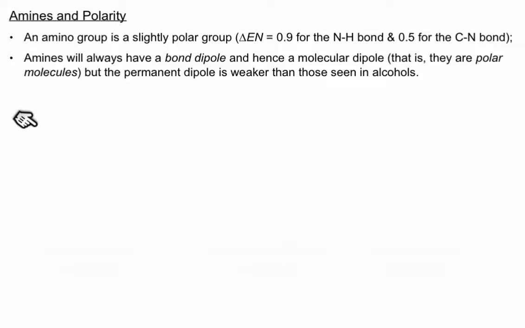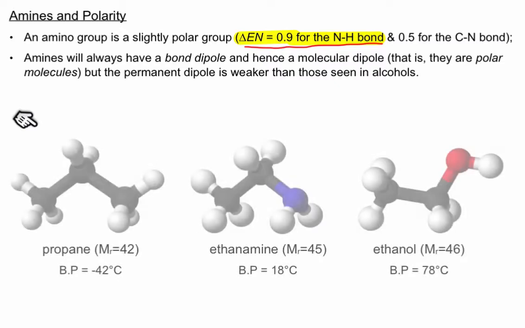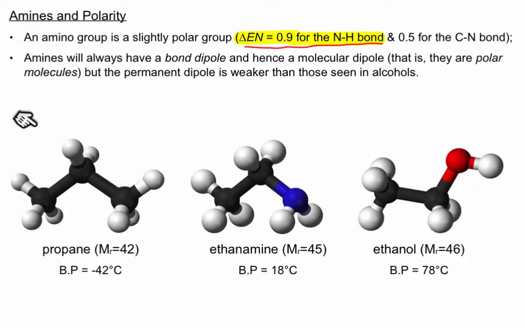Lastly, amines and polarity. So once again, we have to look at the functional group, and an amino group is slightly polar. For sure, the delta EN for the NH bond is 0.9, so that's a polar group. There's also some slight polarity with the carbon-nitrogen bond, but this really is the important component that gives rise to polarity. So amines will always have that bond dipole and hence a molecular dipole, so they're polar molecules, but the boiling point is not affected quite as much.